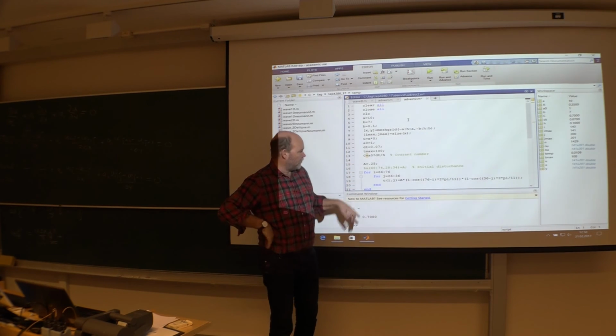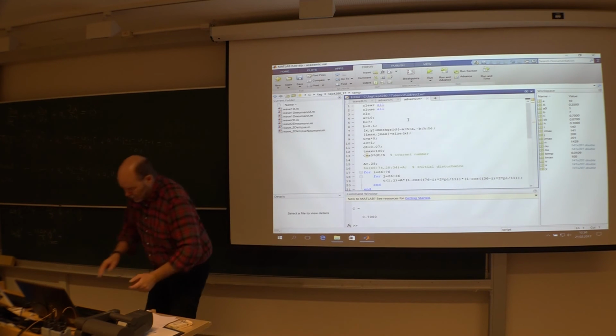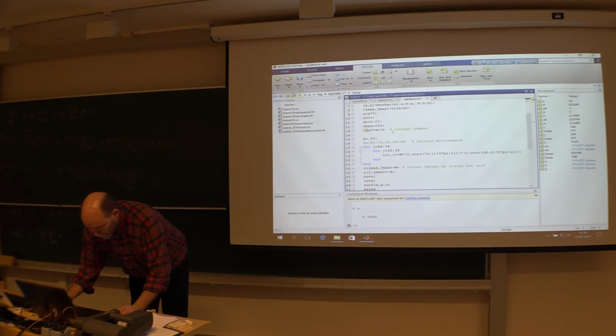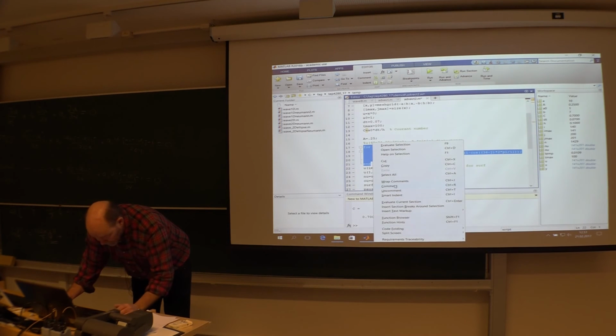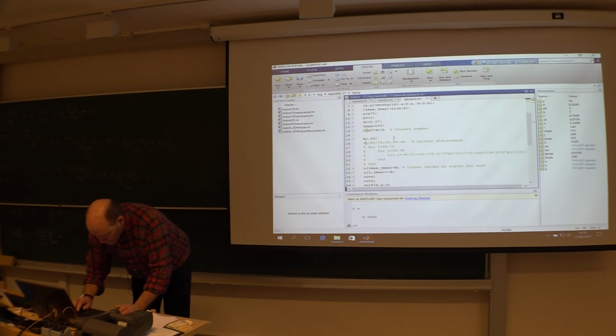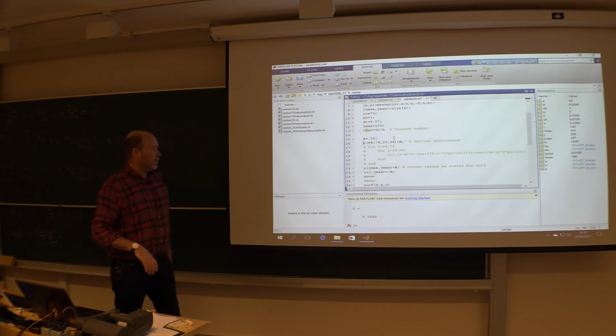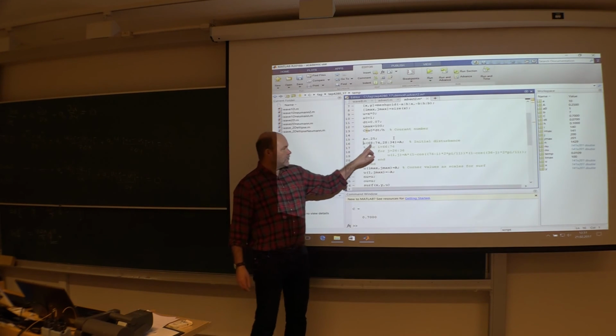Initial disturbance, that one I'm going to change. I don't want a sine wave as a disturbance. I'm going to just use a flat one. Just say that he is equal to a in a certain range here.